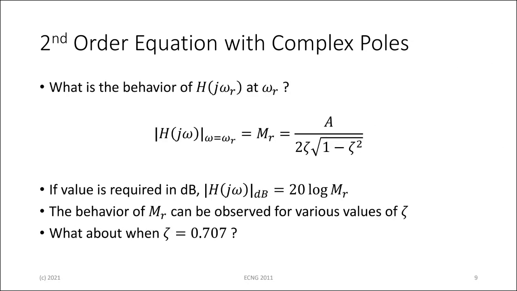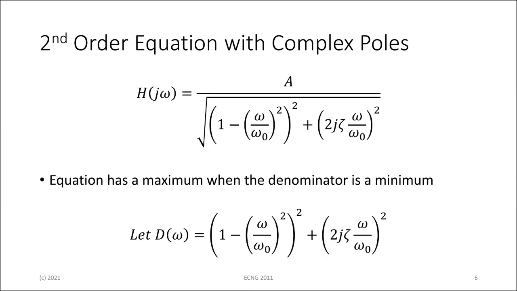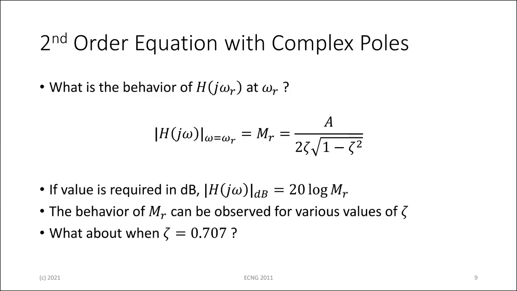And what happens now if you put the magnitude of the transfer function in? What is the behavior of the transfer function at omega equal to omega r? If I go back a couple of slides and put omega equal to omega r inside of here and juggle it around a little bit, I'm going to get that the magnitude of the transfer function looks something like this.